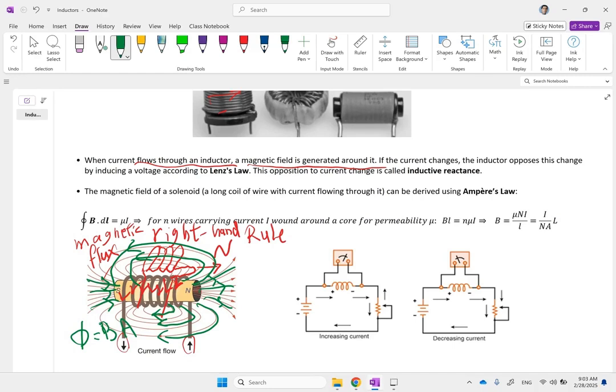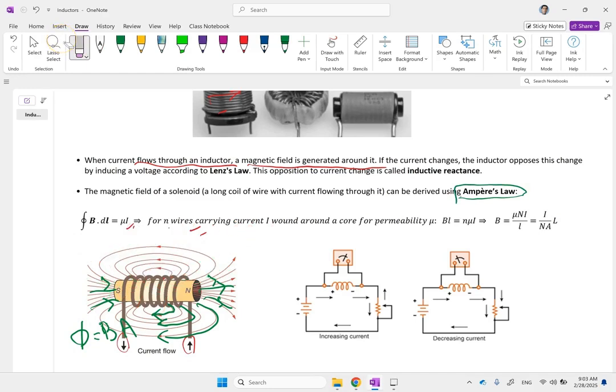In order to find the magnitude of it, we can use what we call Ampere's law. So Ampere's law says that if you have some element that contains your current, and the length of it is L, the integral of B dot dL over the entire length is mu times I. What does that mean?